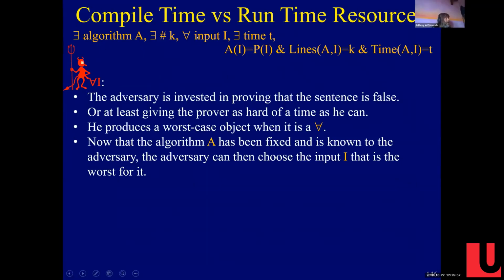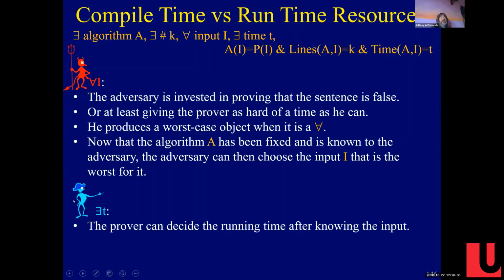So he knows the algorithm, and he comes up with an input that doesn't work for that algorithm, right? All right, so now once we have the input, then the prover again gets to decide, right? The prover came up with the algorithm, so the prover gets to come up with the runtime. The runtime depends on the algorithm, right? But it also depends on the input.